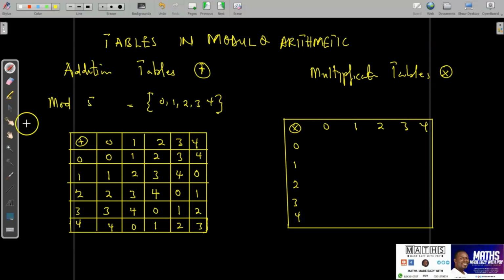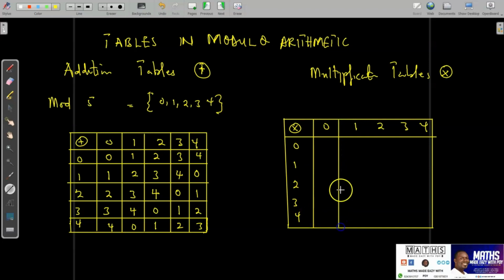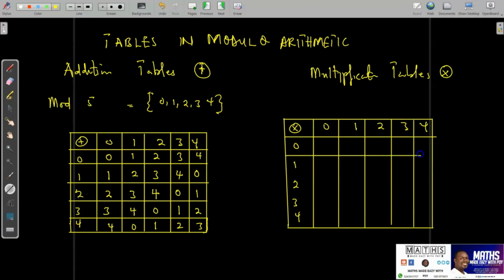Today, we are just using all the entries in mode 5. But I want you to know that in some questions, you'll be limited in the number of entries to work with.